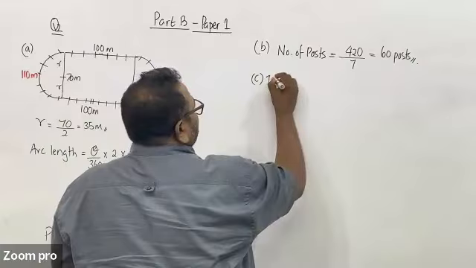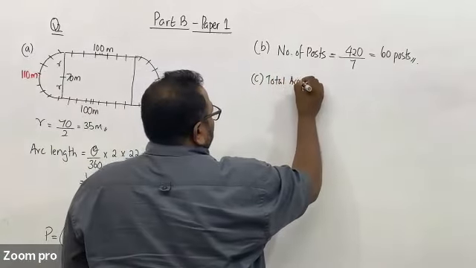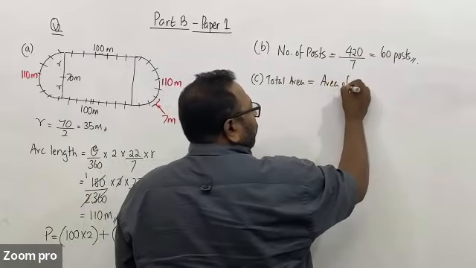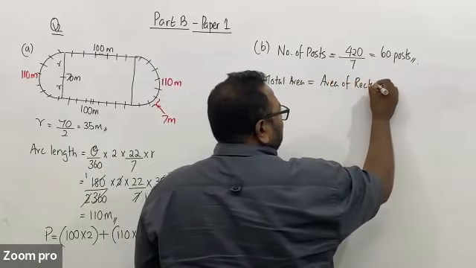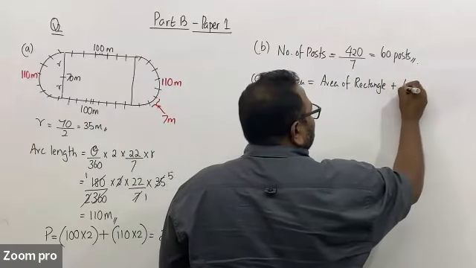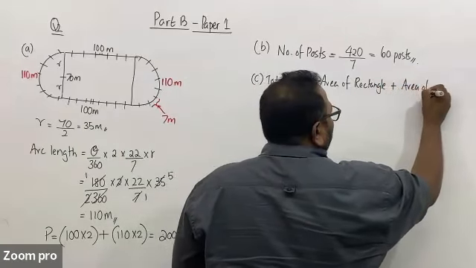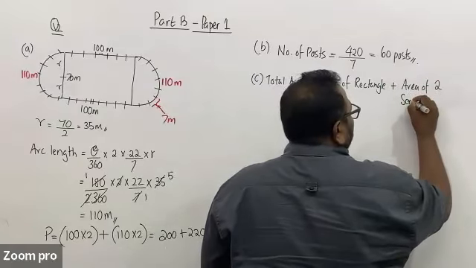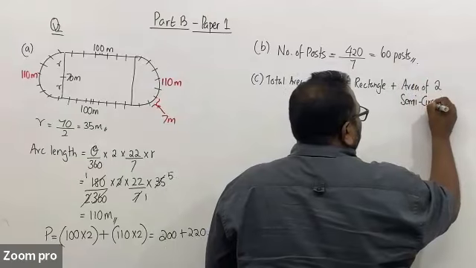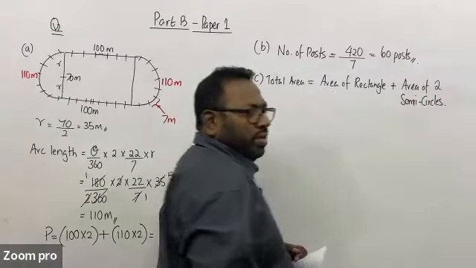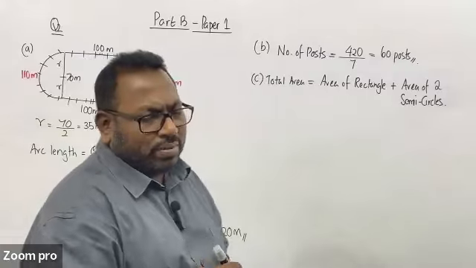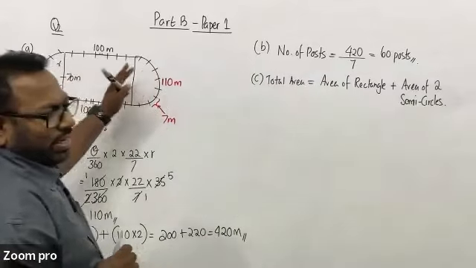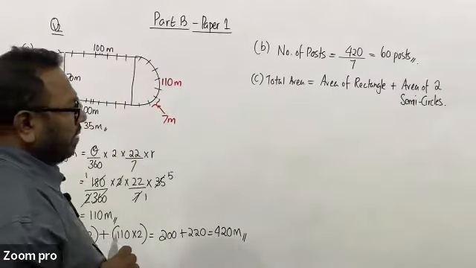Total area is equal to area of rectangle plus area of two semicircles. So you have one semicircle here and one semicircle here.